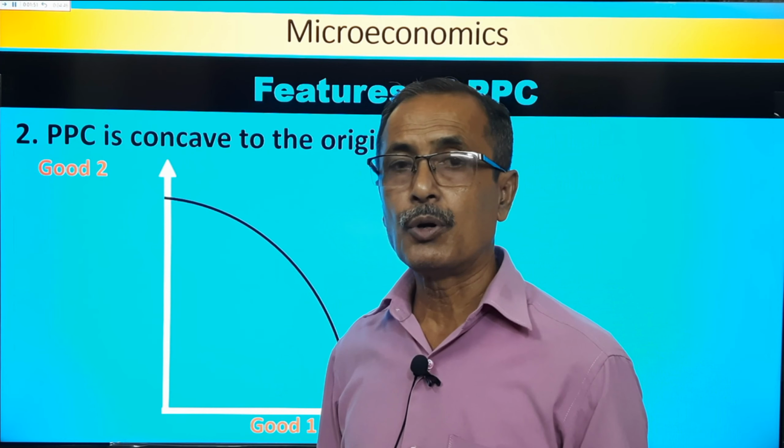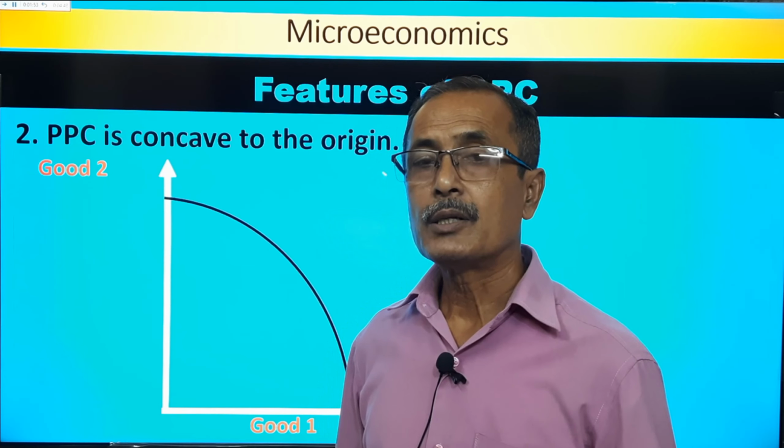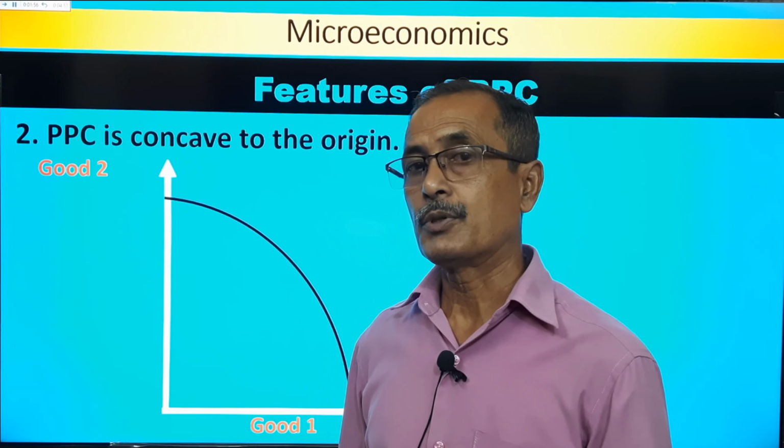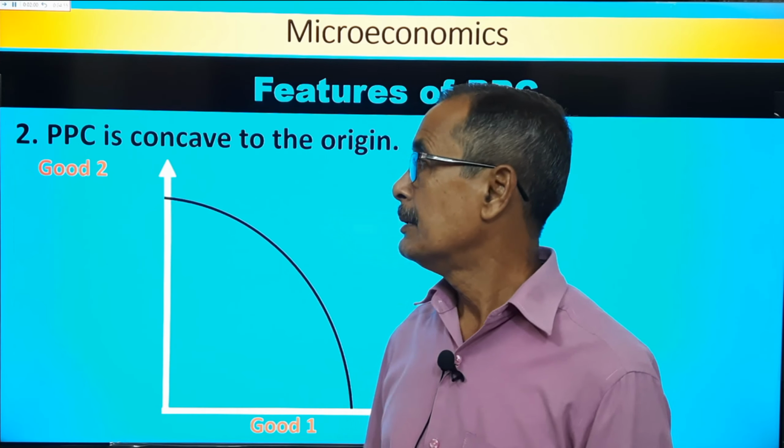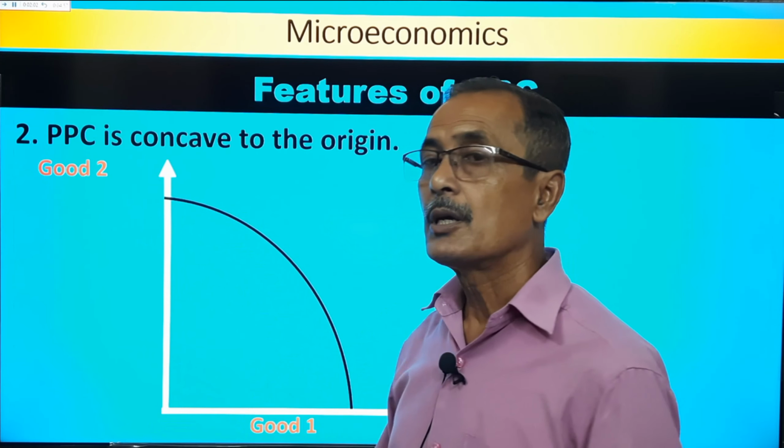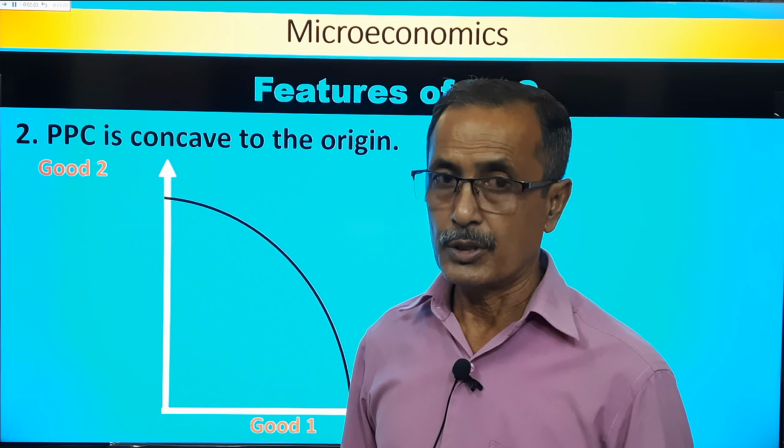This is what we call increasing marginal rate of transformation. And because of this increasing marginal rate of transformation, the PPC curve is concave to the origin.